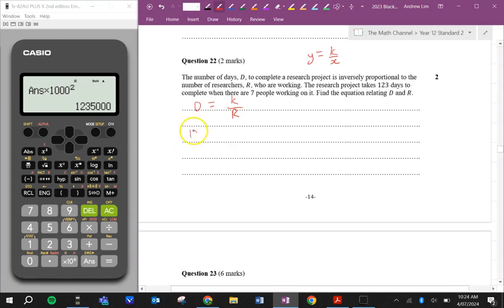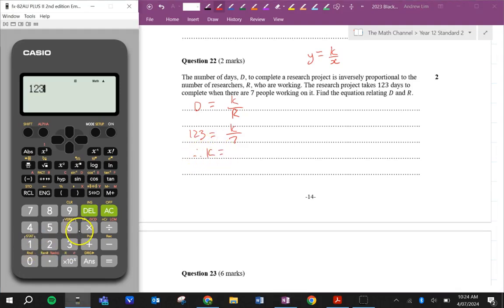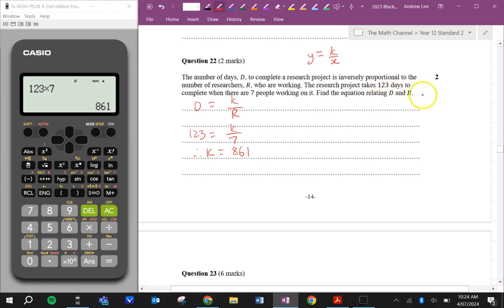So that tells me that K is equal to 123 times 7, 861. Find the equation relating D and R. So that tells us that D is equal to 861 over R.